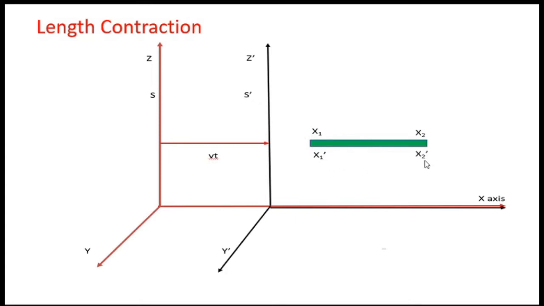So its proper length will be x2 dash minus x1 dash, and its apparent length will be measured in this frame S. Why? Because the rod is at rest in the frame S dash. So the apparent length as measured in the frame S will be x2 minus x1, and we have taken it to be L.